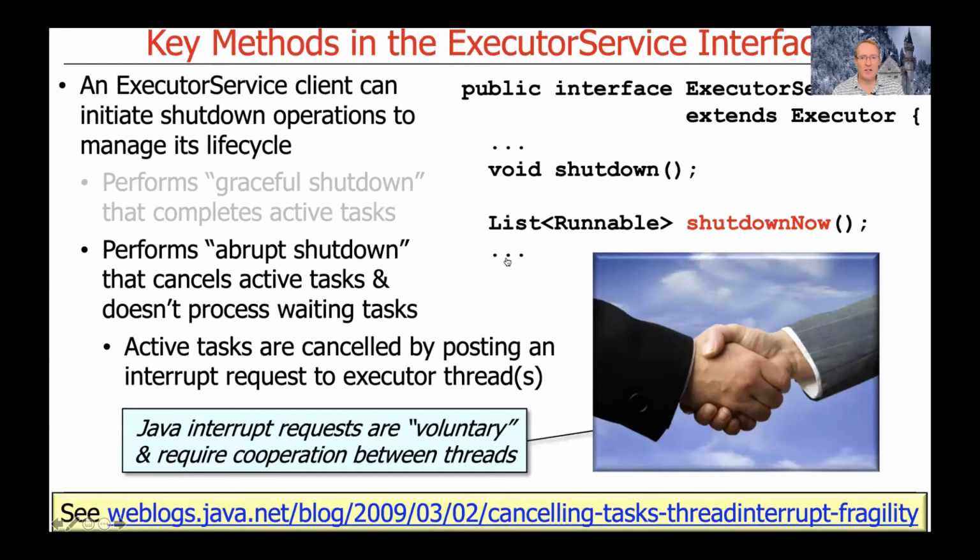And that requires some collaboration between different parts of the Java executor framework and any code that you might write to implement the run or call methods in runnables and callables. So always remember that. We'll talk about this in more detail later, but the thing to remember is that threads don't get shut down arbitrarily and unilaterally. They have to participate in their own demise, if you will.